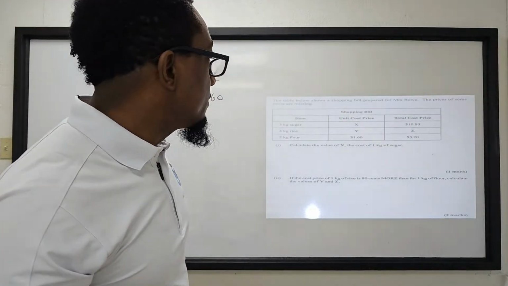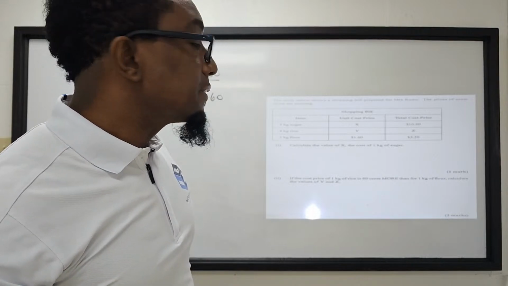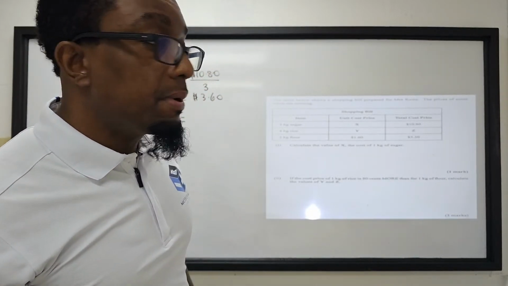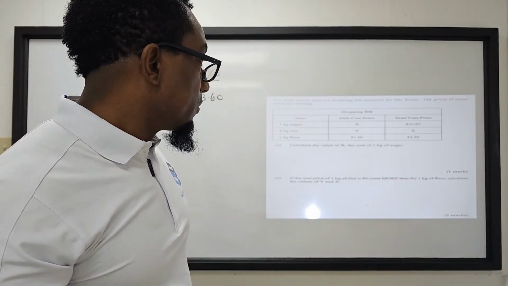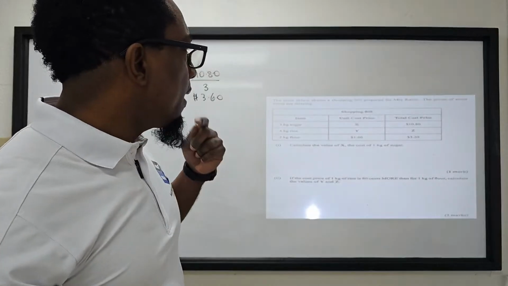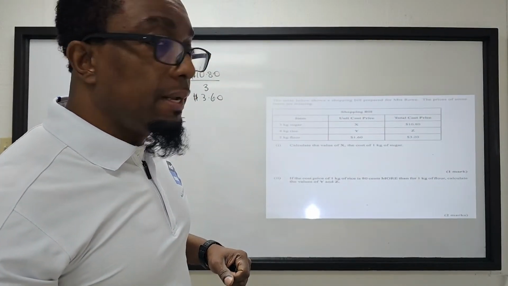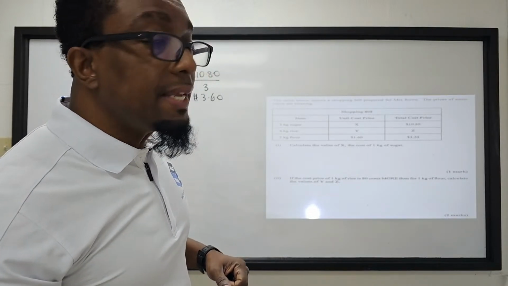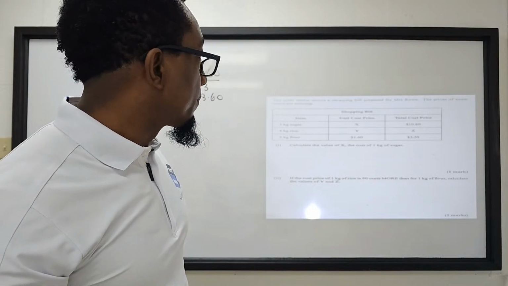For us to find Y and Z, it says if the cost of 1 kilogram of rice is 80 cents more than 1 kilogram of flour, calculate the values of Y and Z. So if we look at our bill, 1 kilogram of rice is 80 cents more than 1 kilogram of flour.